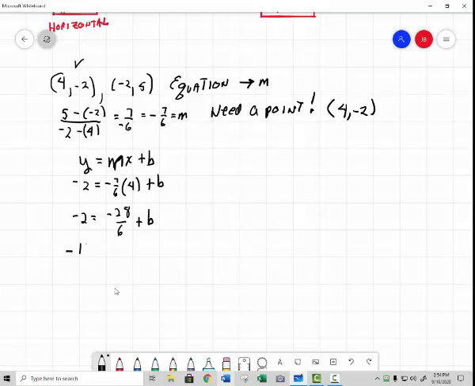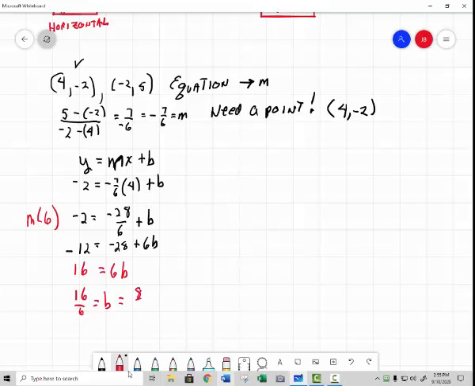Negative 12 equals negative 28 plus 6b. All I did here was multiply by 6. 28 minus 12 ought to be about 16. Okay? Now I'm going to divide by 6, so 16 divided by 6 will be my value of b. And I want to reduce that. I can reduce it by a factor of 2 and call it 8/3.